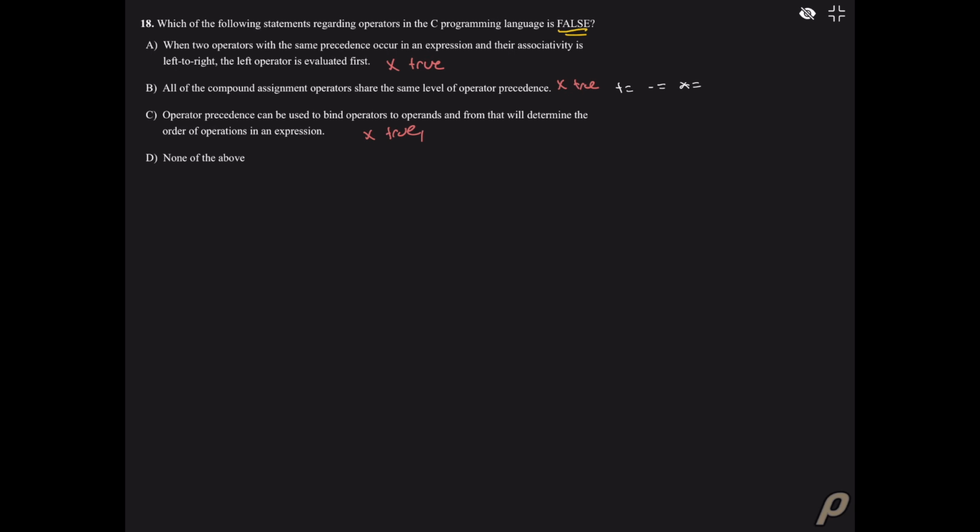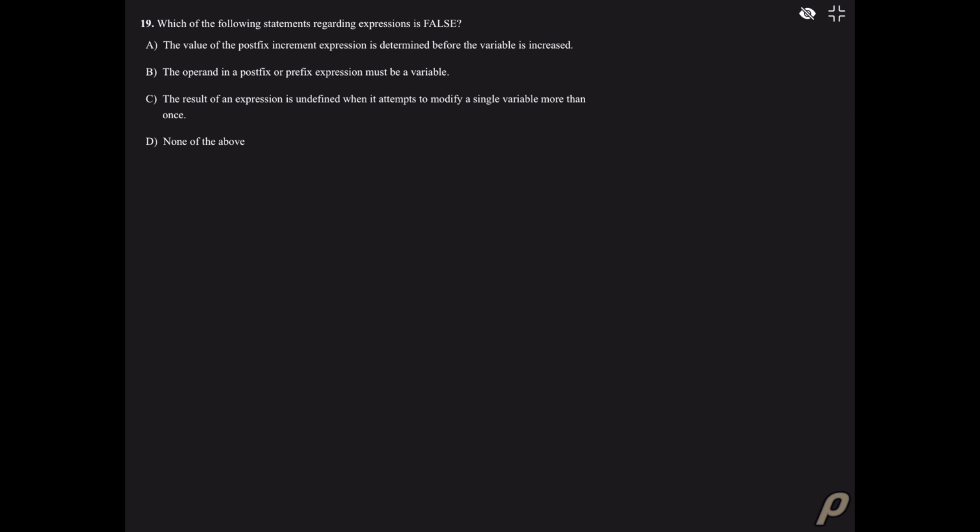There are just a lot more operators, like the compound assignment. So as we know from our math, operator precedence is the same as the order of operations, and that just makes this true, pretty much. Kind of a weird one, but we know that that is indeed true. So that leaves us with none of the above, which makes it two in a row. How gross is that? Yet another none of the above. Moving on to the next one.